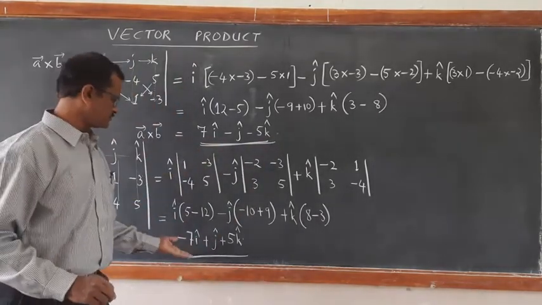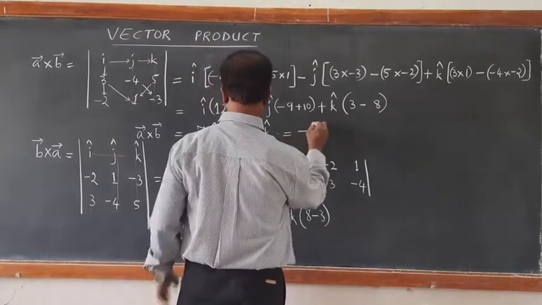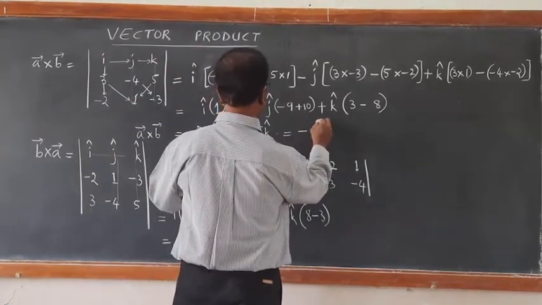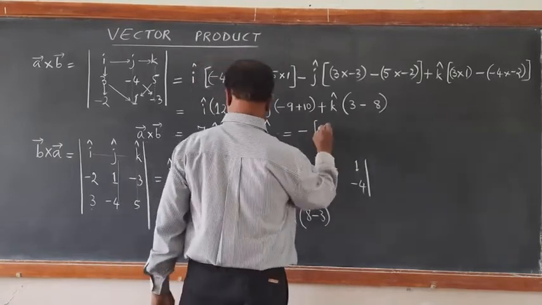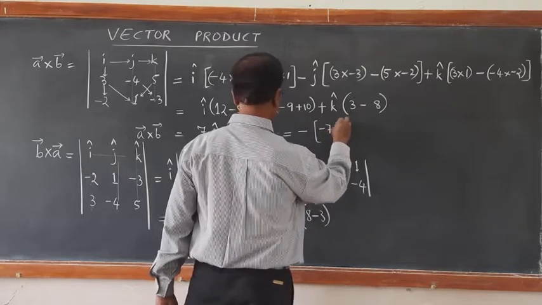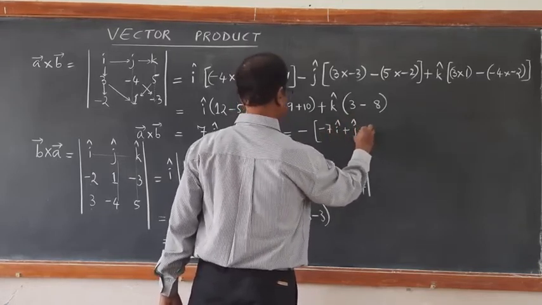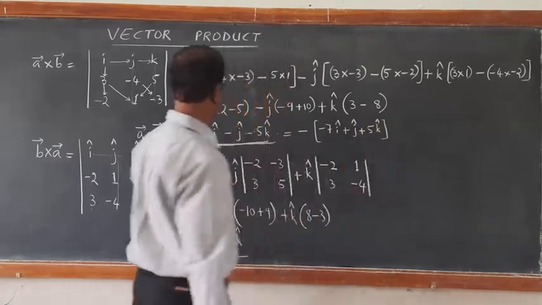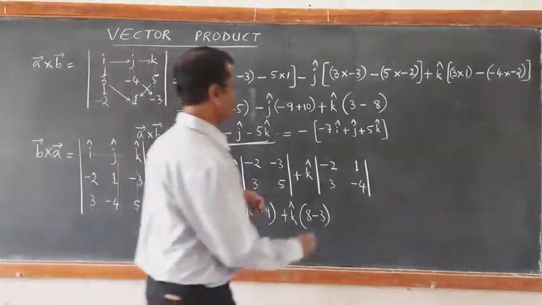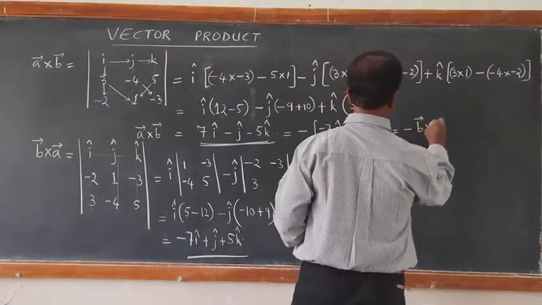Is it not minus of this? Yes. This is equal to minus of, if you take out minus, then it becomes minus of minus 7i plus j plus 5k. Right? So thus we proved that it is equal to minus of B cross A.